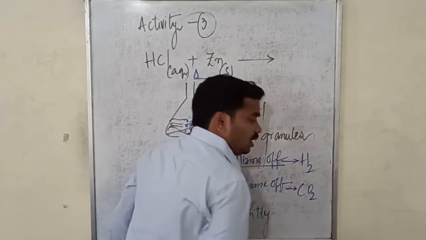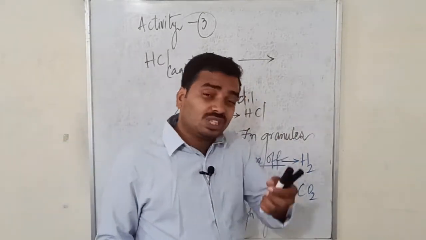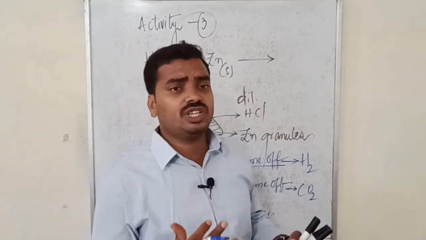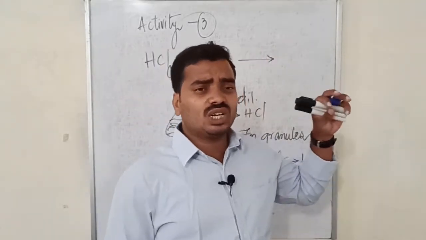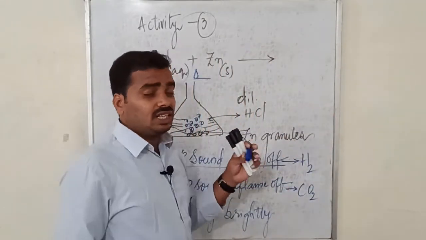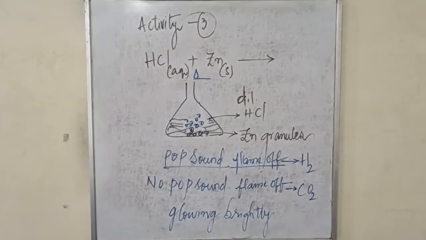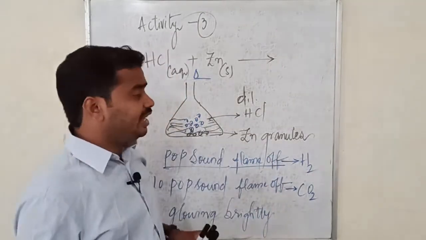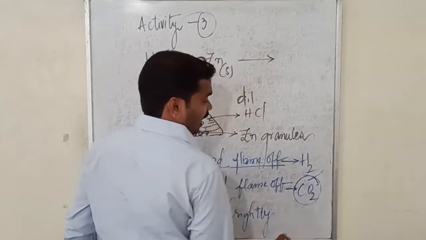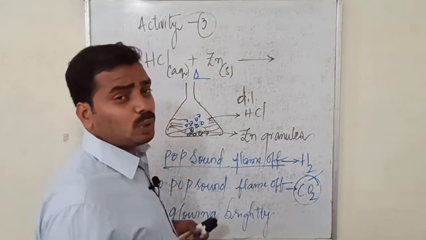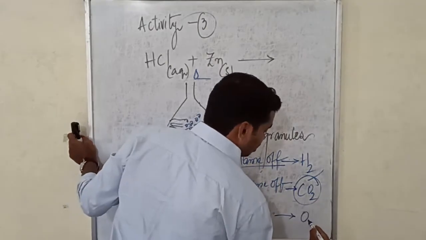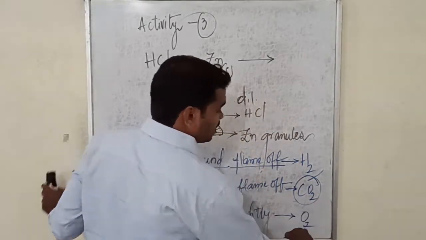Remember, the red color cylinders which you see in hospitals or in taxi cabs, in educational institutions, those cylinders which are in red color indicate that it's carrying CO2 which can put off flame. Now glowing brightly indicates the gas liberated was oxygen.